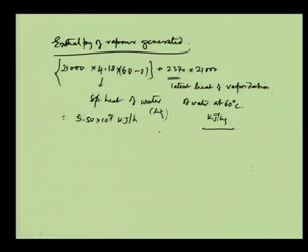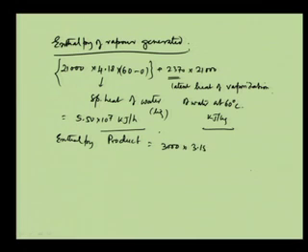So, enthalpy of vapor generated is this, and then enthalpy of product equals 3000 into 3.15, the specific heat, into 60 minus 0, that is the driving force. So, this becomes 5.67 into 10 to the power 5 kilojoule per hour.